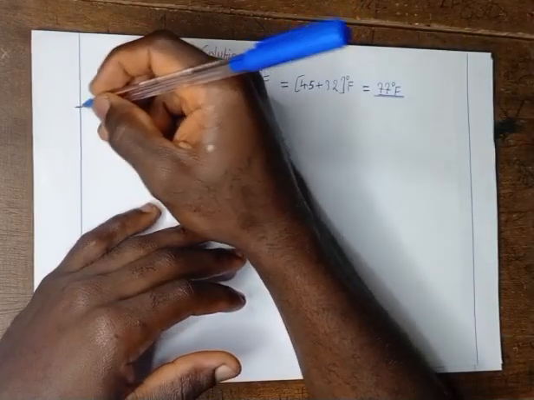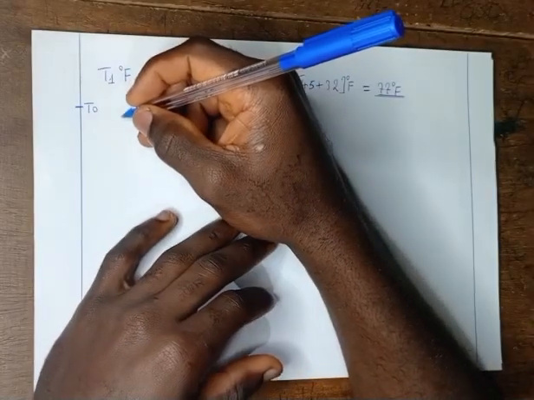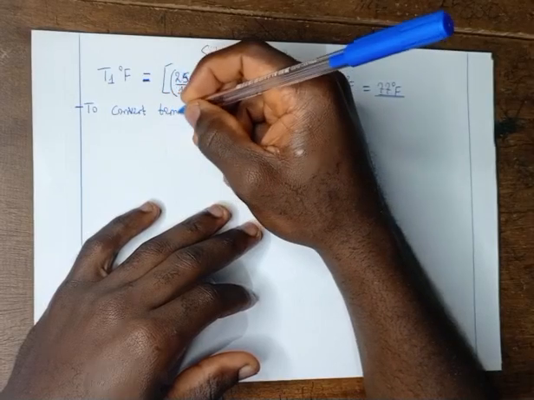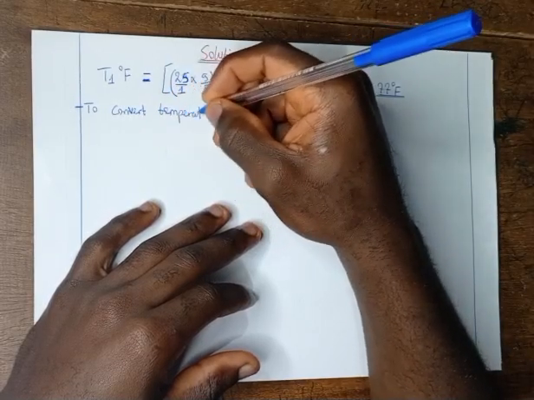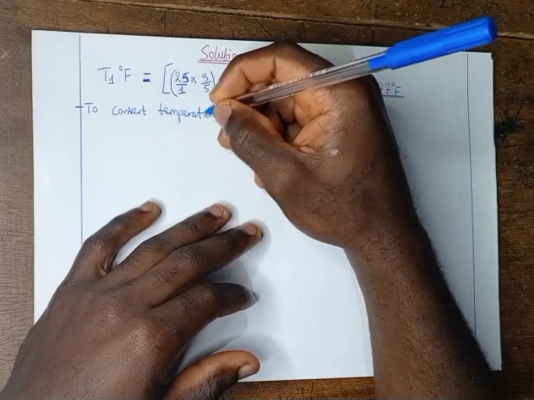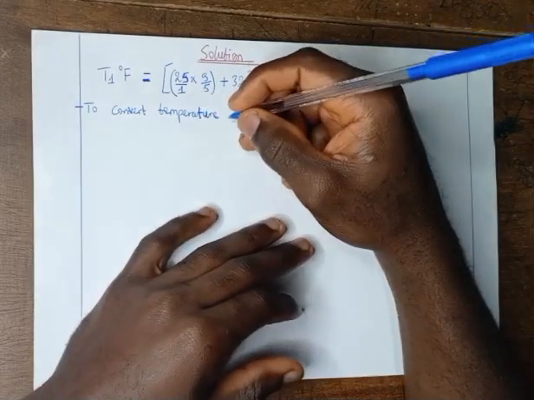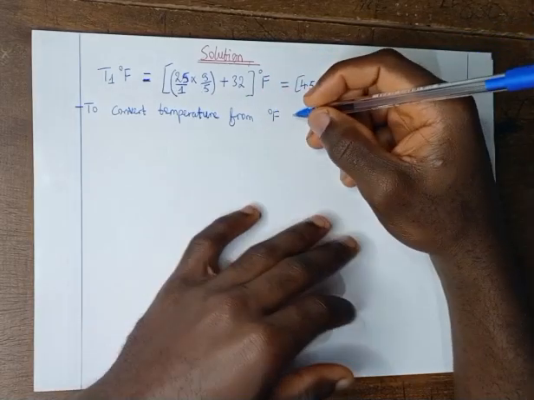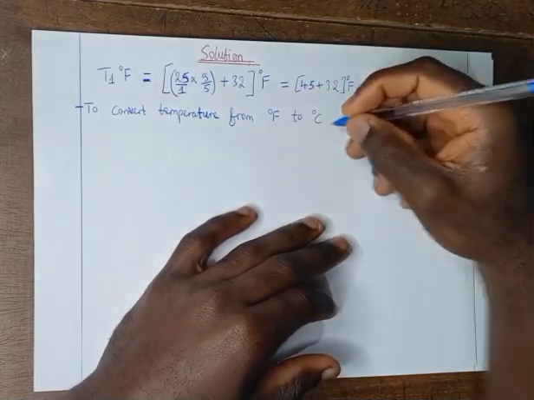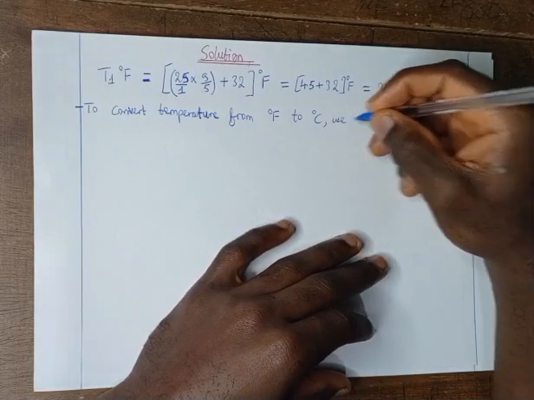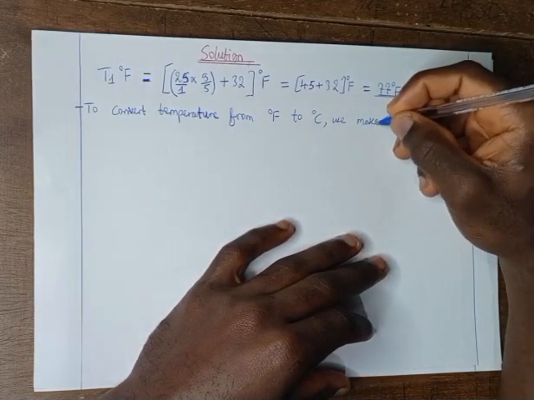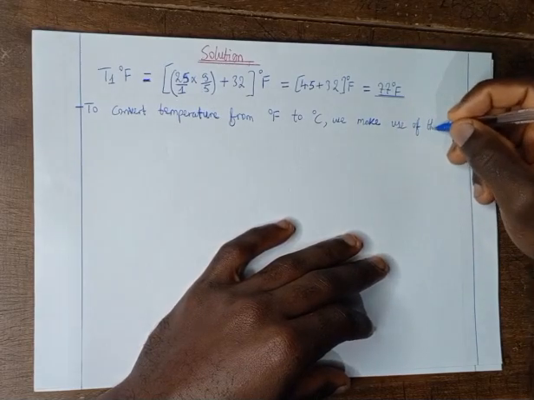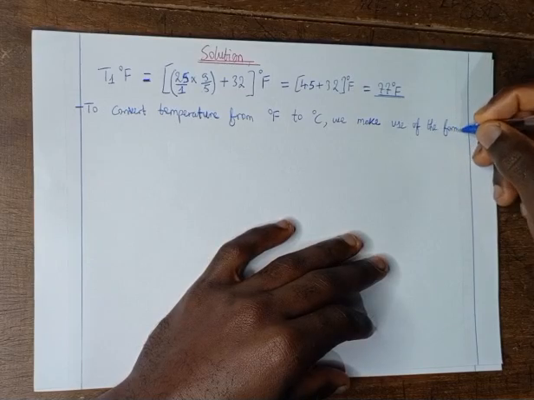We take now the next hyphen: to convert temperature from degrees Fahrenheit to degrees Celsius, we make use of the formula below.